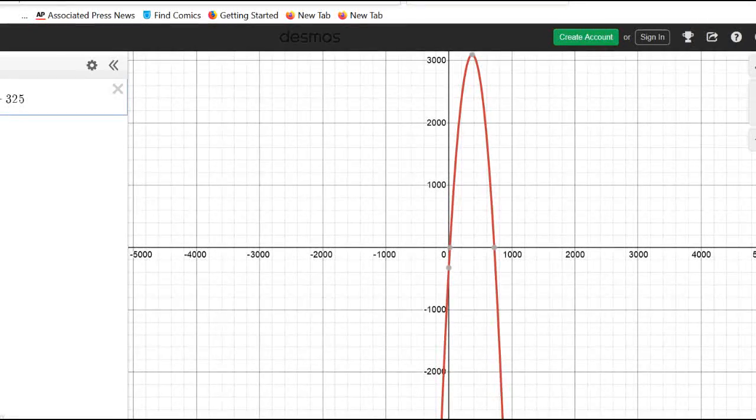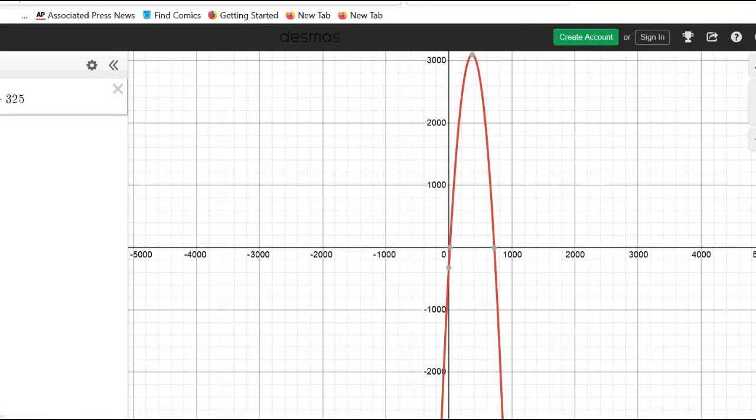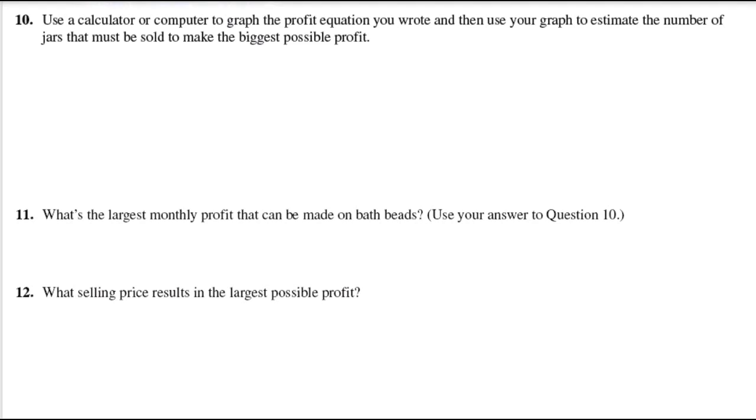So I go 1,000 and 0. The maximum point is right about 400, and it's a little over 3,000. Actually, I'm going to say 3,100. So quick estimate on that.